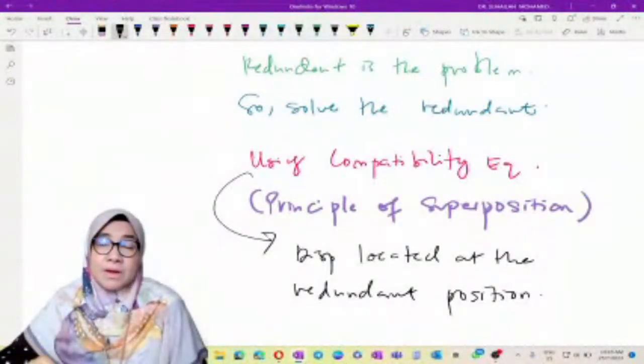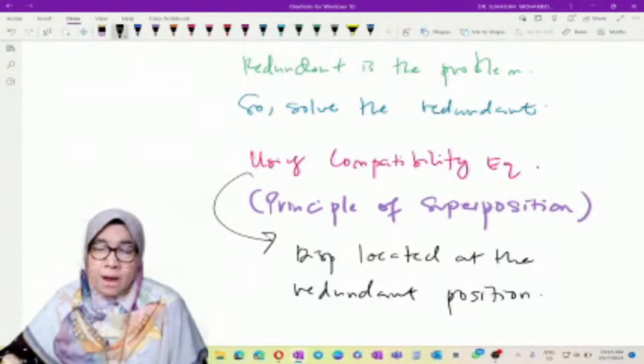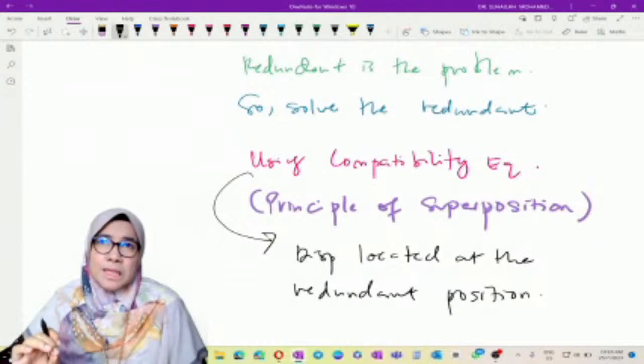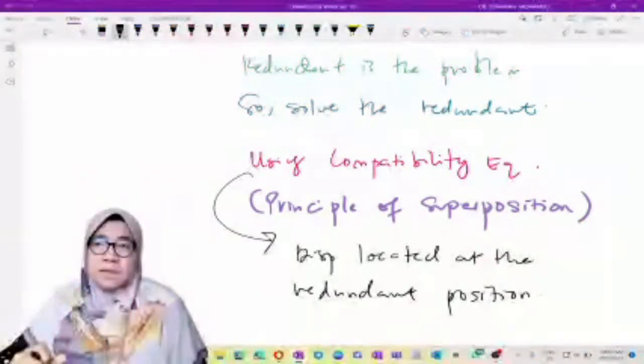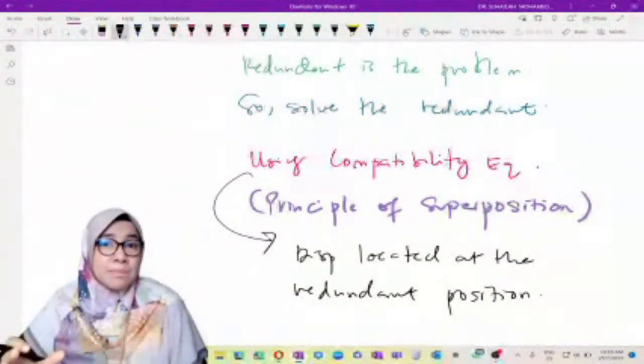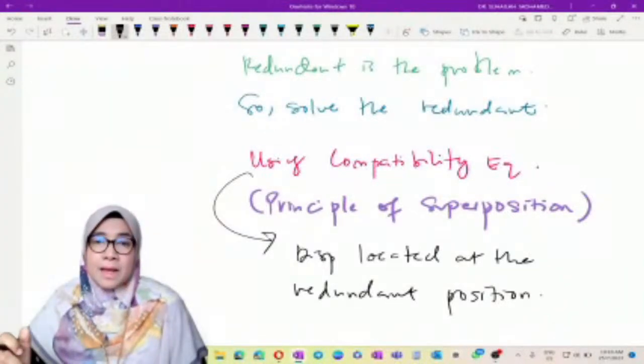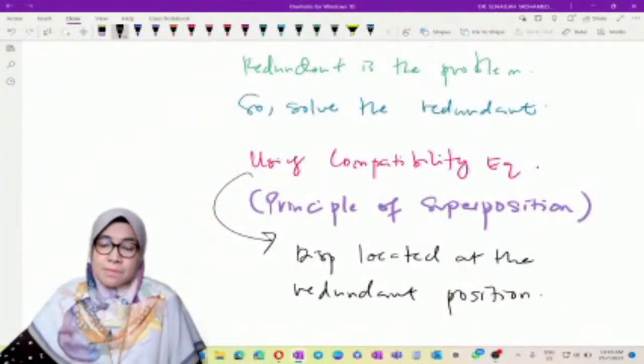The other is the simply supported beam, which has one pin support and one roller support. These two types of determinate beam we call the primary beam.